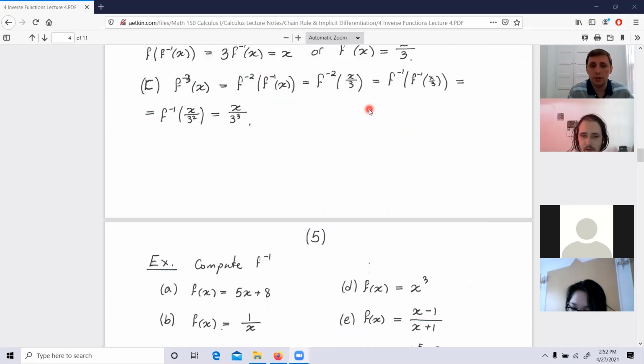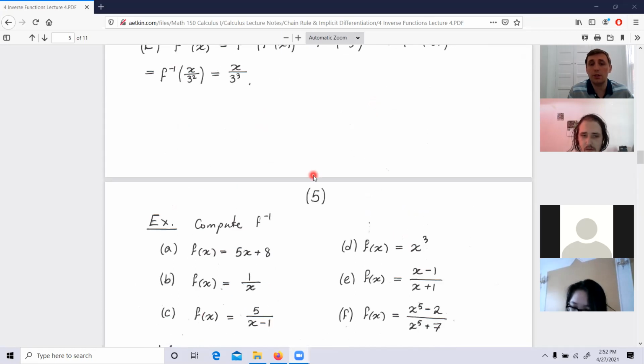Very good. Now here, guys, we begin with the task of calculating inverses. Could you please calculate the inverse of A? What's the inverse of A?